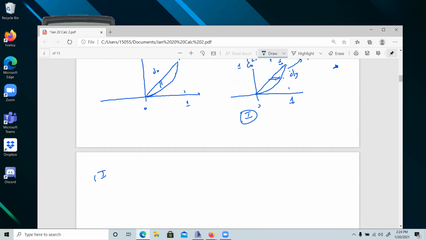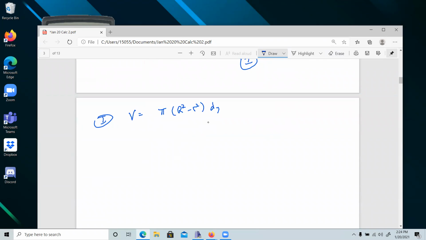Okay. So my volume is equal to pi, and then we have outer minus inner, and then my thicknesses are dy's. So the functions that I'm working with here are functions of y. This is an f of y squared minus a g of y squared. My integral limits go from y is equal to 0 to y is equal to 1.